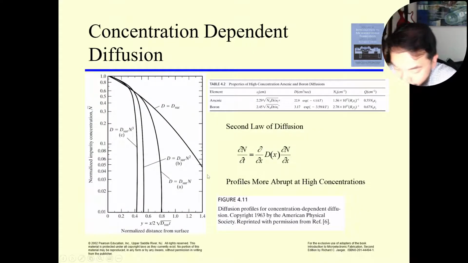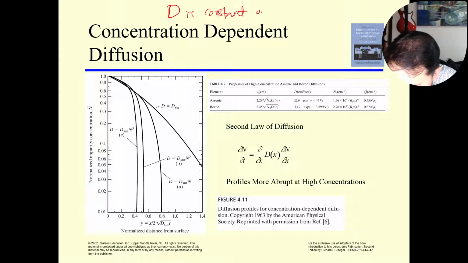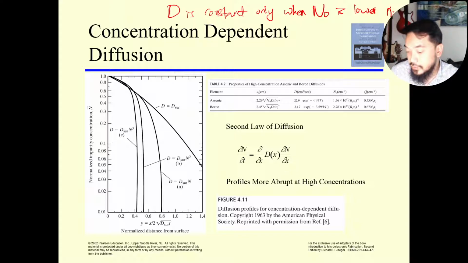Remember when I told you just now that the diffusion coefficient D is constant? It is constant only when n naught is lower than or comparable to ni, the intrinsic carrier concentration. If it is above that, if your impurity concentration is higher, then your D value will be a function of x, so it will not be a constant anymore, depending on what type of dopant it is.